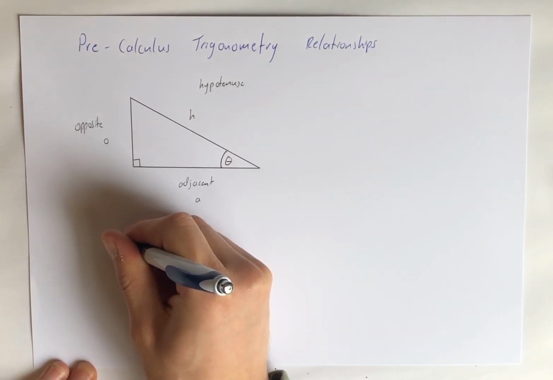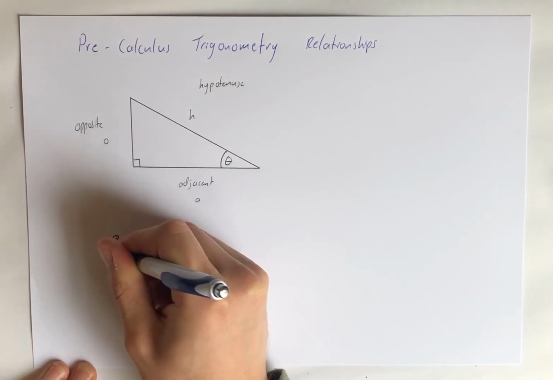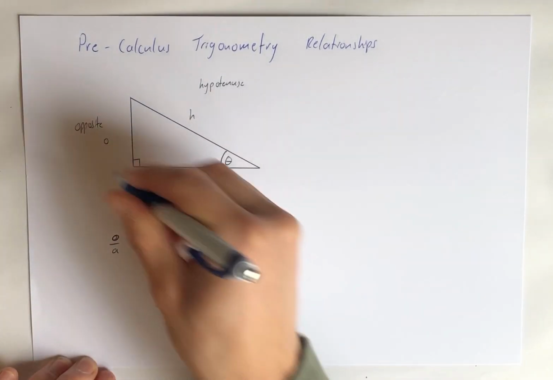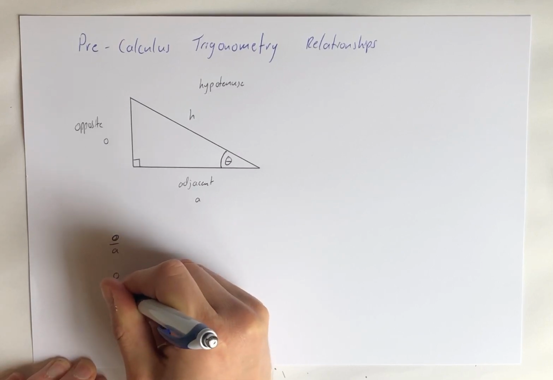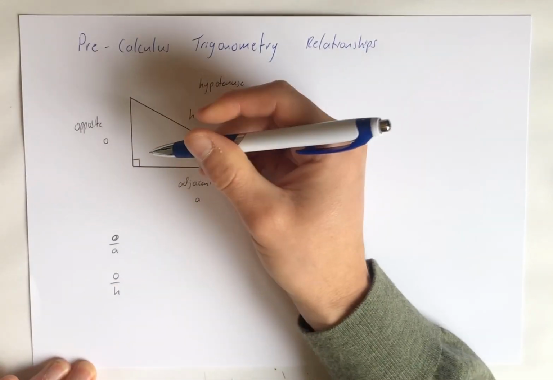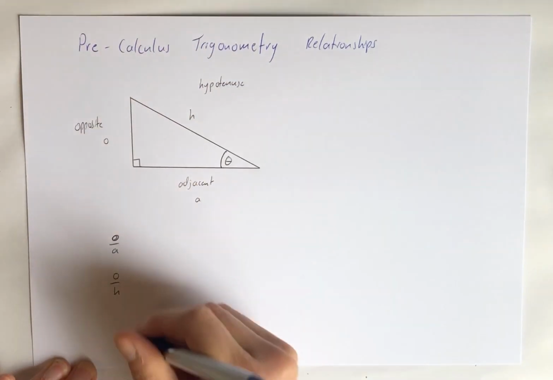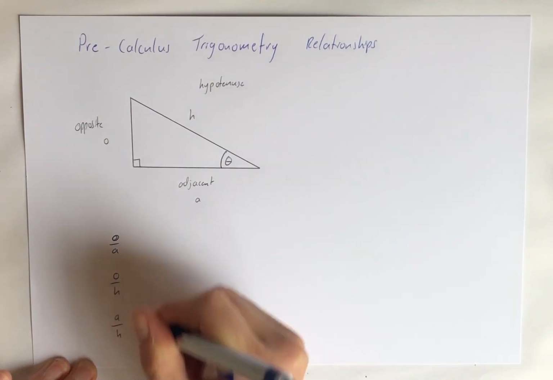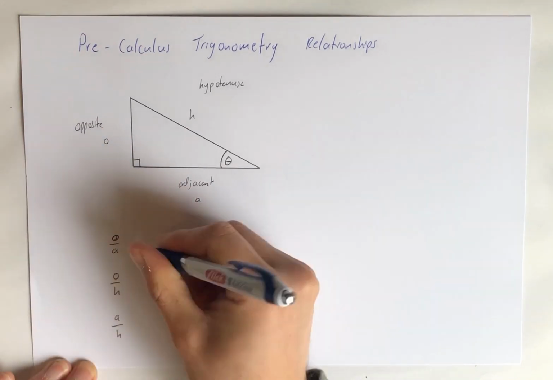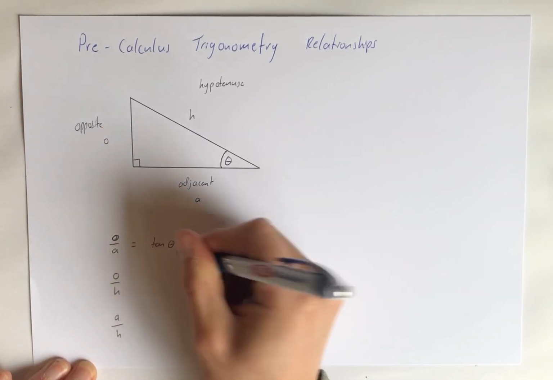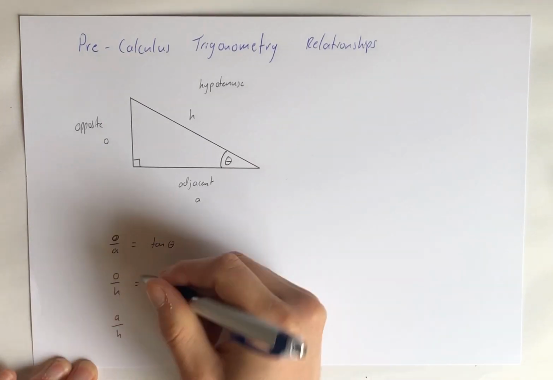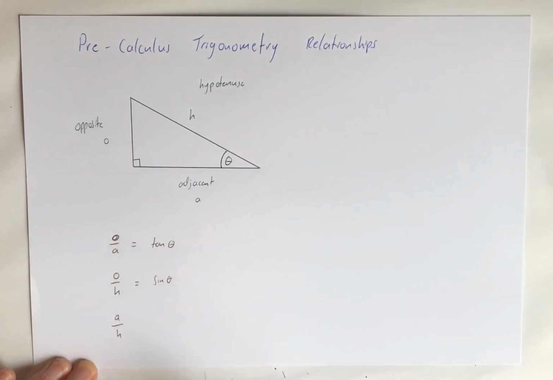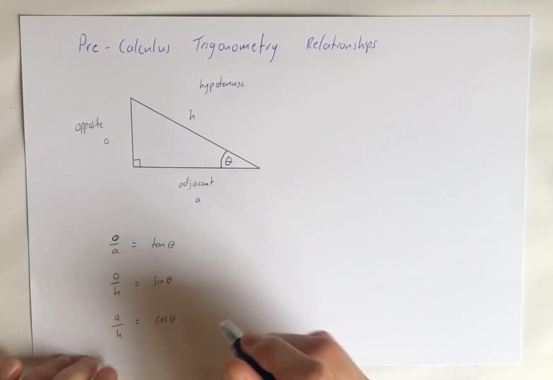We can take O over A, we can take O over H, and we can take A over H. And these were equivalent to, this was equivalent to taking tan of that angle, the tangent of the angle. This was equivalent to taking the sine of that angle. And this was equivalent to taking cosine of the angle.